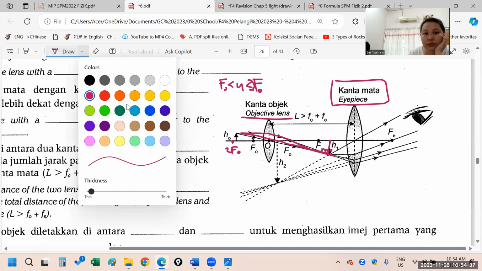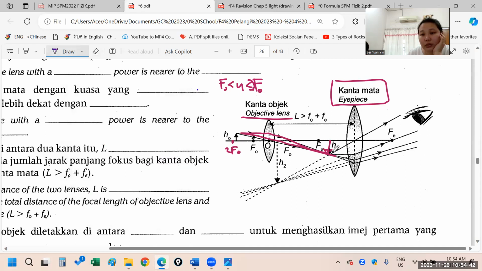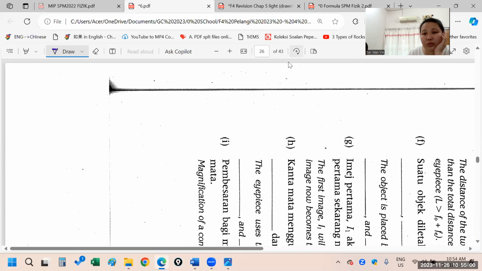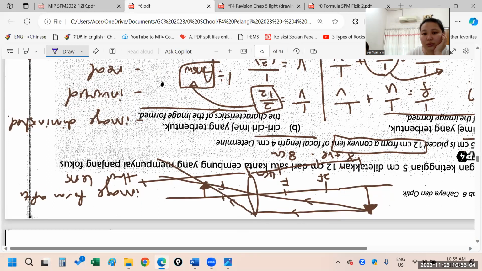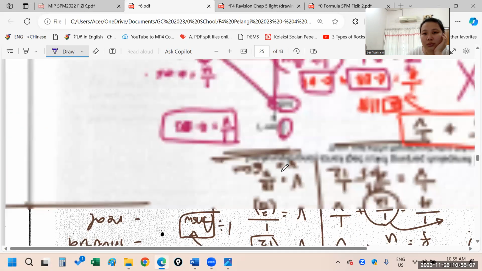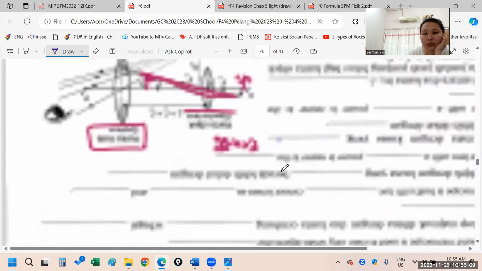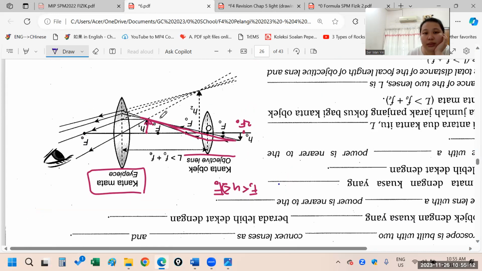Then we use our eyepiece to do one more time KFC. But now you can turn your book upside down.